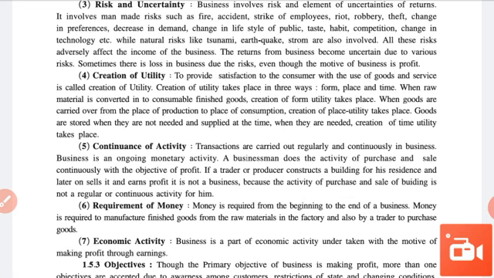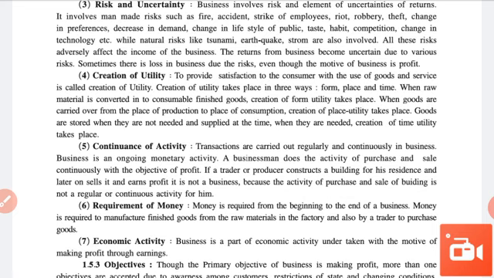When raw material is converted into consumable finished goods, it is called creation of form utility, because the form of the product is converted from raw material to consumable finished goods. So form is changed, that's why it is called creation of form.